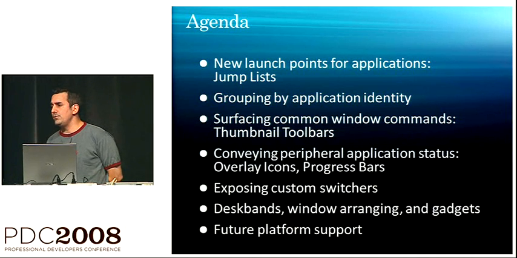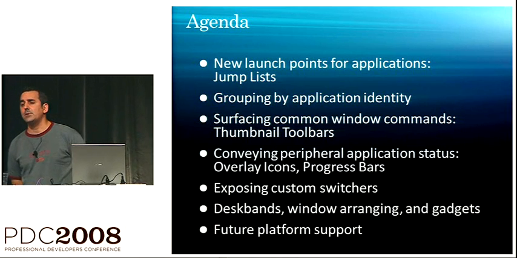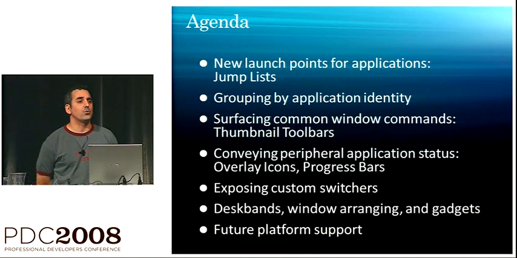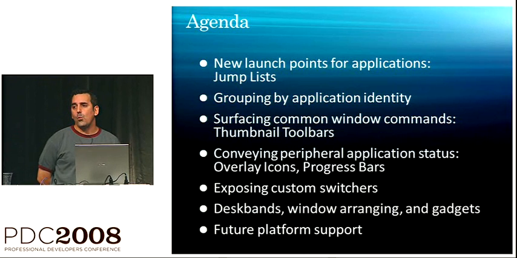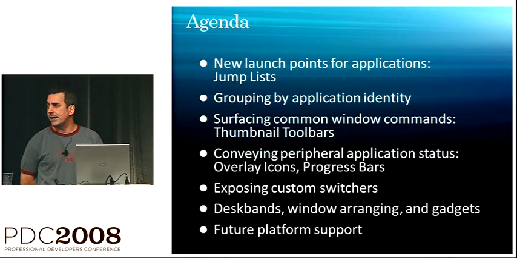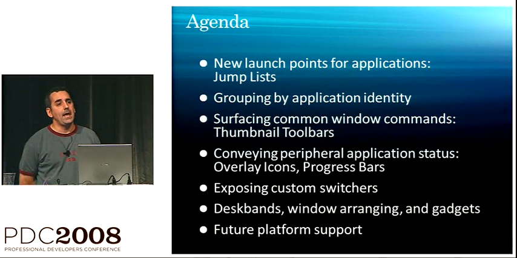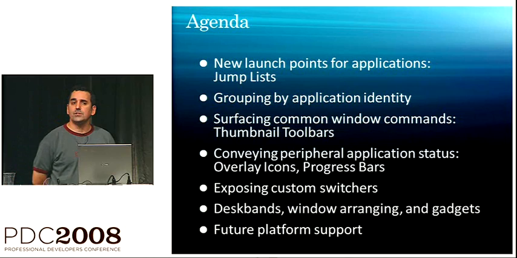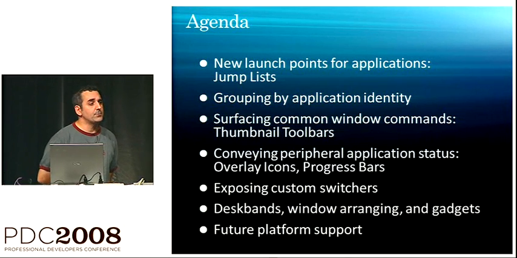And another new feature of the new taskbar in Windows 7 is that we allow your application to expose some peripheral status. And there's a couple ways in which that can be done. One is using overlay icons that would actually appear over top of your taskbar button. And another one is using a progress bar indicator on your taskbar button.